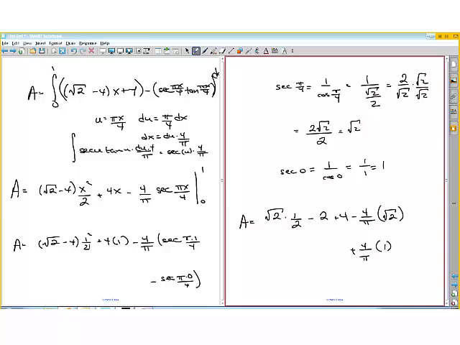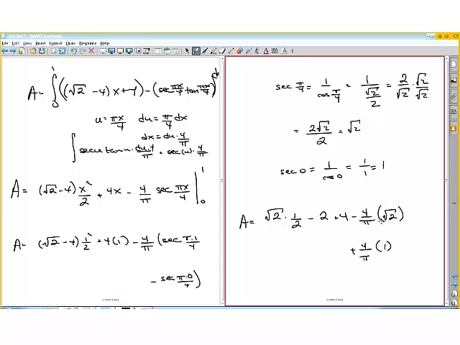So we got square root of 2 times 1/2 minus 4 times 1/2 plus 4, and then we have the last part, minus 4 over pi, evaluating at the upper limit gives us this. It's negative because of the negative from the original equation, because we're subtracting, since that's the lower curve.